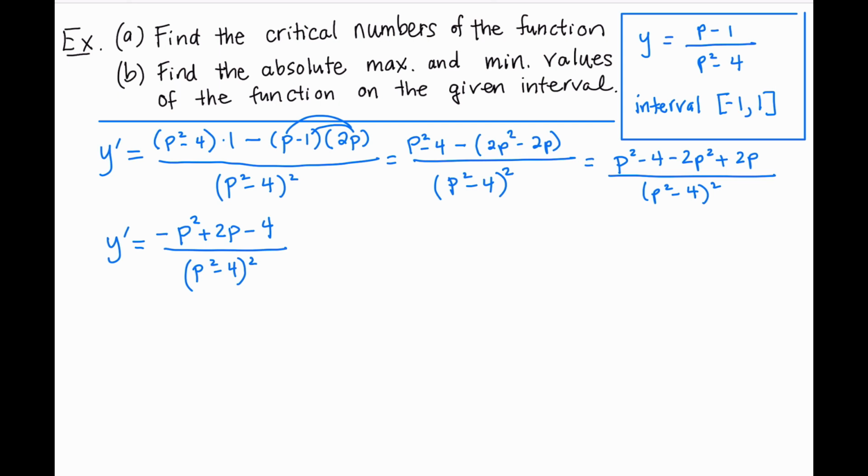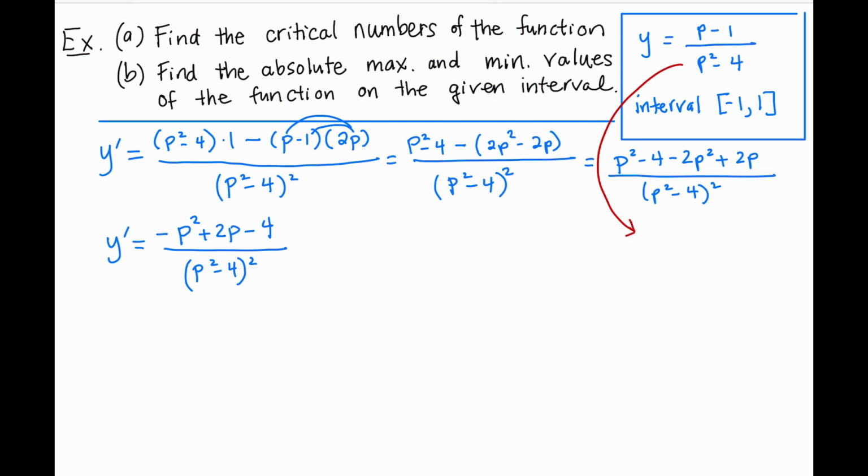And so if we want to find the critical numbers, I have to figure out for which values of p in the domain of my function y the derivative is undefined, and where the derivative is equal to 0. Those are the two things I have to look for. The domain is essentially the set of all values such that my function is defined.